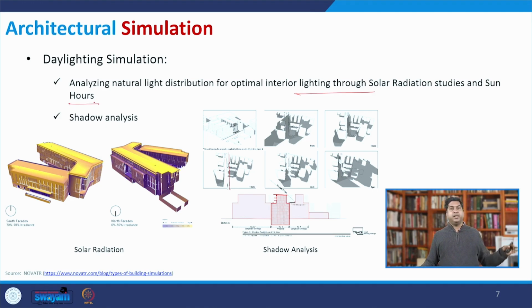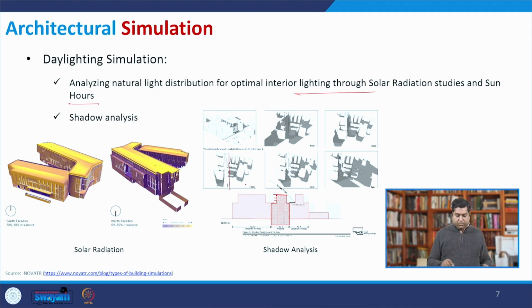It also helps in shadow analysis, because not only the areas which get exposure to sunlight, but the areas which are under shade can also be used effectively for a sitting place or maybe for certain vegetation. So this kind of simulation can help you out with that.